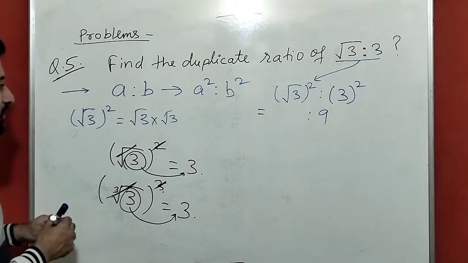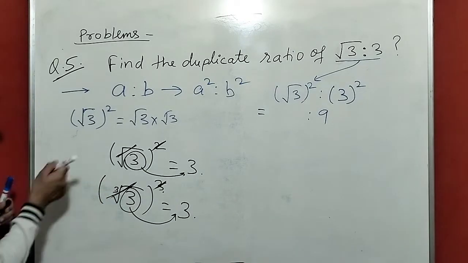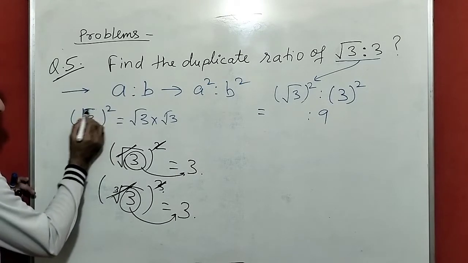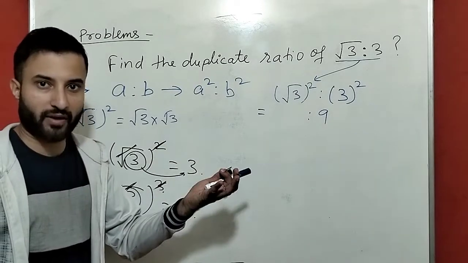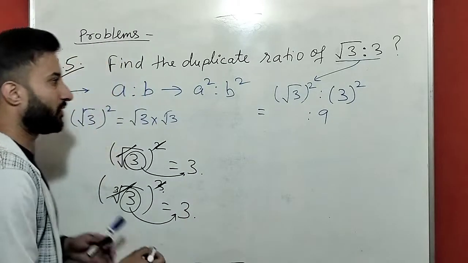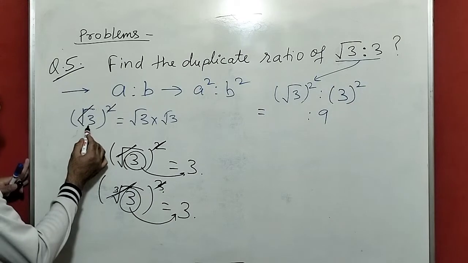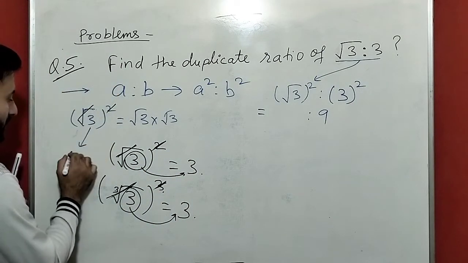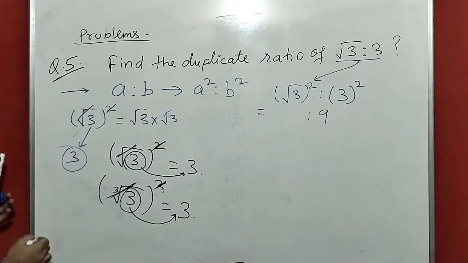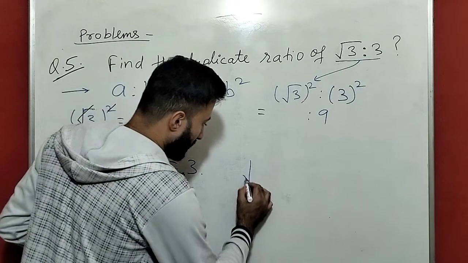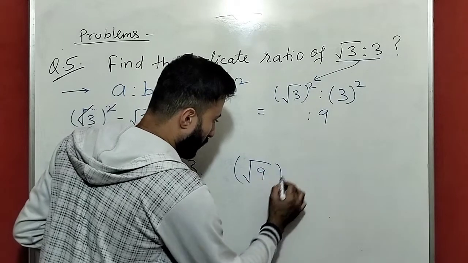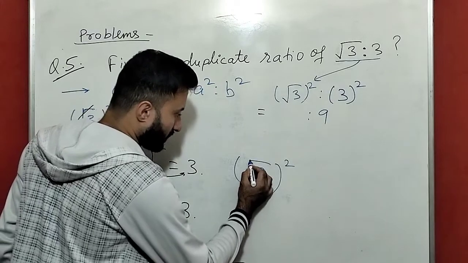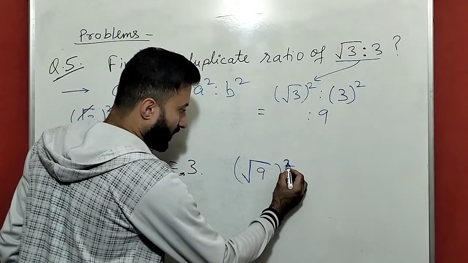So in our case, this is a square root and the power is square, so they get cancelled and you get the answer as 3. Or suppose it is square root 9 whole square. Okay, this is a square root and the power is square.